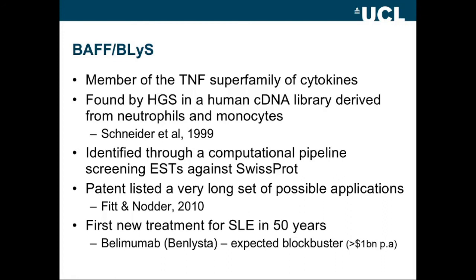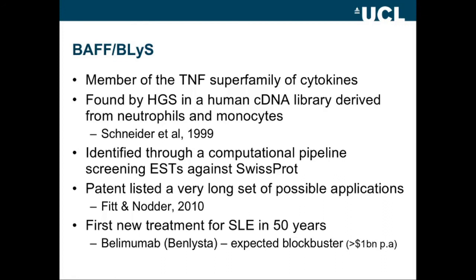So they set up this pipeline, they screened these ESTs against Swissprot, and they eventually found this hit, which they thought was a member of this TNF superfamily. So having got this kind of tentative hit from the EST sequencing, they then sequenced the whole thing and found indeed that it was a member of this TNF family.